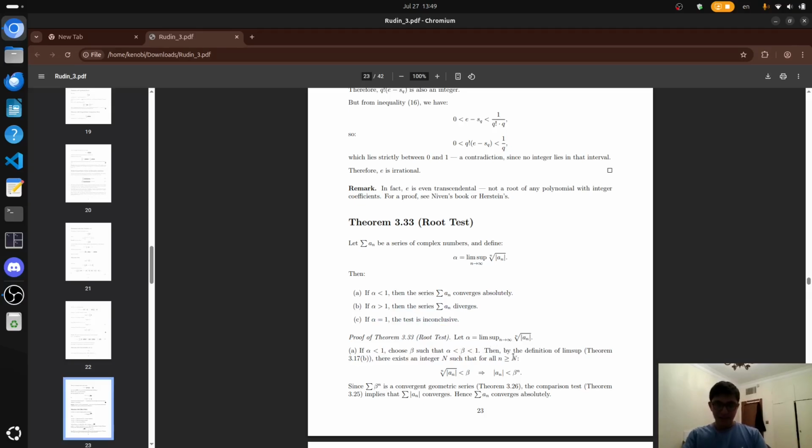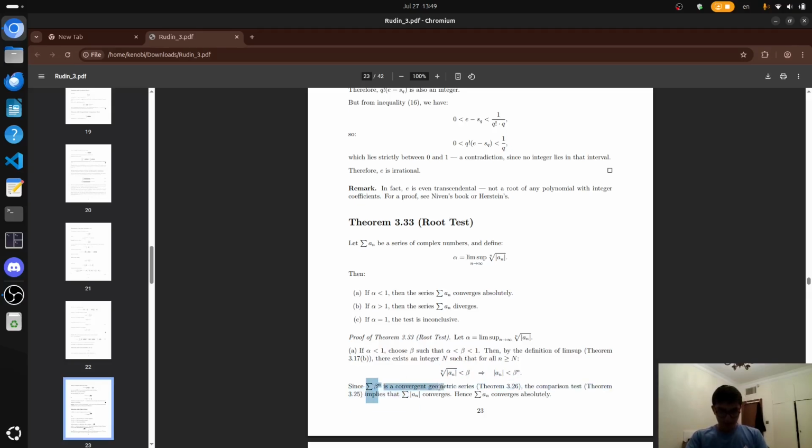And the strategy here is that you can take it to be less than some number less than 1, exponentiate it, and take the series of that other number. By comparison test, all the terms are going to be less than that. And since that converges because the ratio is less than 1, the other one will also converge, which is what we're doing over here.